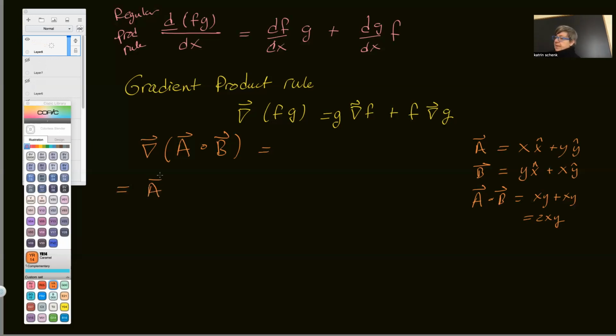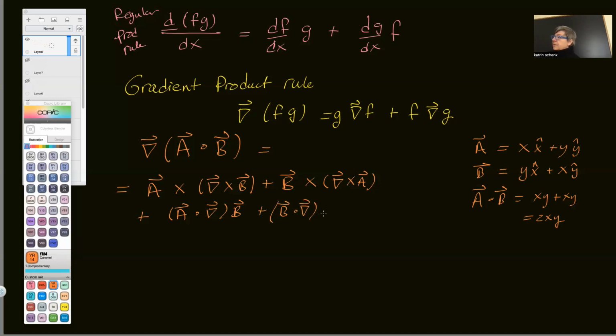Okay. A cross the curl of B, plus B cross the curl of A, plus A dot del acting on the vector B, plus B dot del acting on the vector A. Told you we're not going to like it.